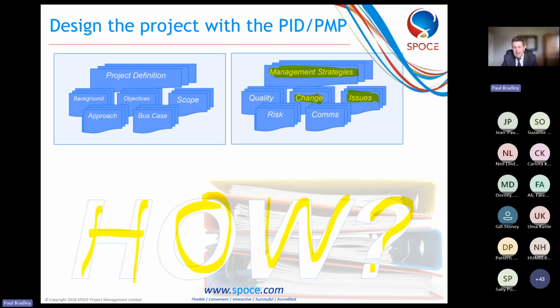Okay. In addition to that, we're looking at how we're going to manage risk. We have a risk management approach, and the risk management approach, or the risk management strategy, will be explaining to us how we manage risks. Well, we need to identify them. We need to calculate and estimate the probability and impact.